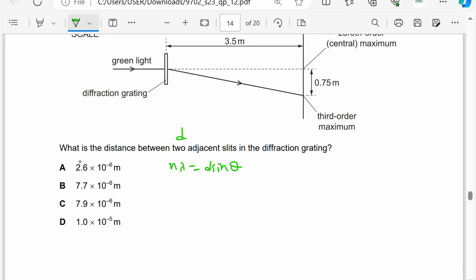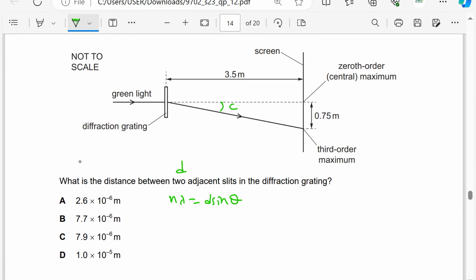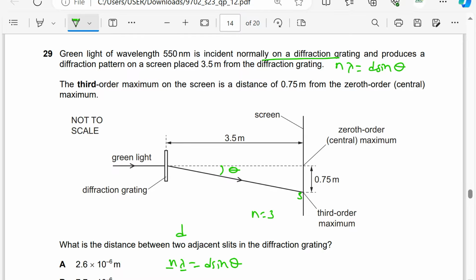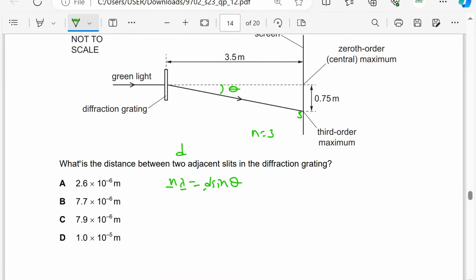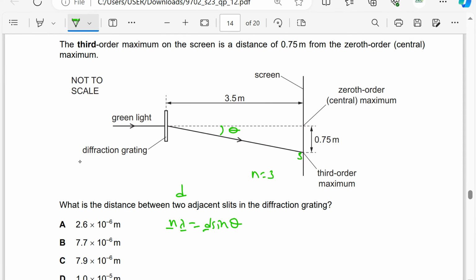So let me begin by finding theta. I think this can be theta. This is called third order, so small n is equal to 3. The wavelength is 550 nanometers. We want d, so all I need is sine theta. From the diagram, opposite over adjacent is tan.